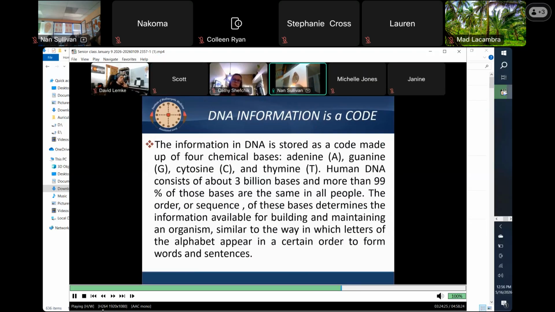Human DNA consists of about 3 billion bases, and more than 99% of these bases are the same in all people. The order or sequence of these bases determines the information available for building and maintaining an organism, similar to the way in which letters of the alphabet appear in a certain order to form words and sentences.